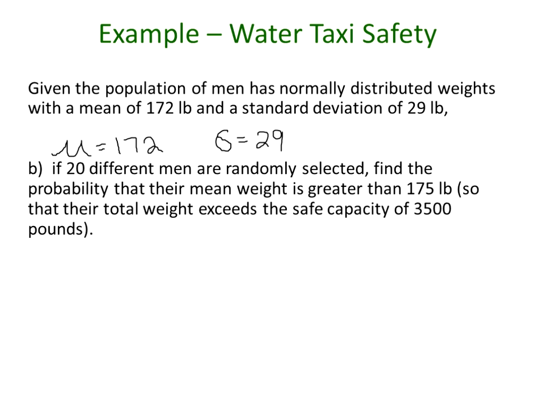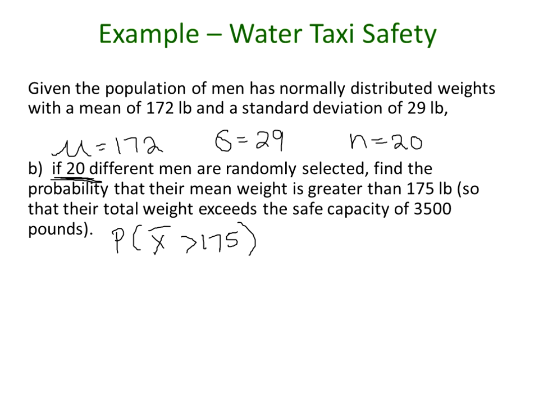If 20 different men are randomly selected, okay, now it's not one randomly selected man, now it's 20 men. So you're given a sample size. So with the central limit theorem, you're going to be given a sample size. Find the probability that their mean weight, that's the probability of X bar, is greater than 175.